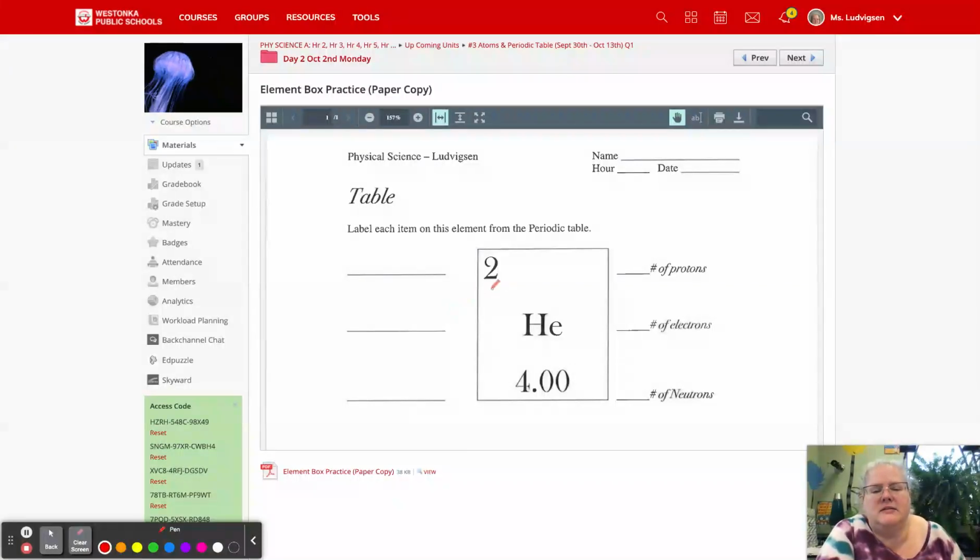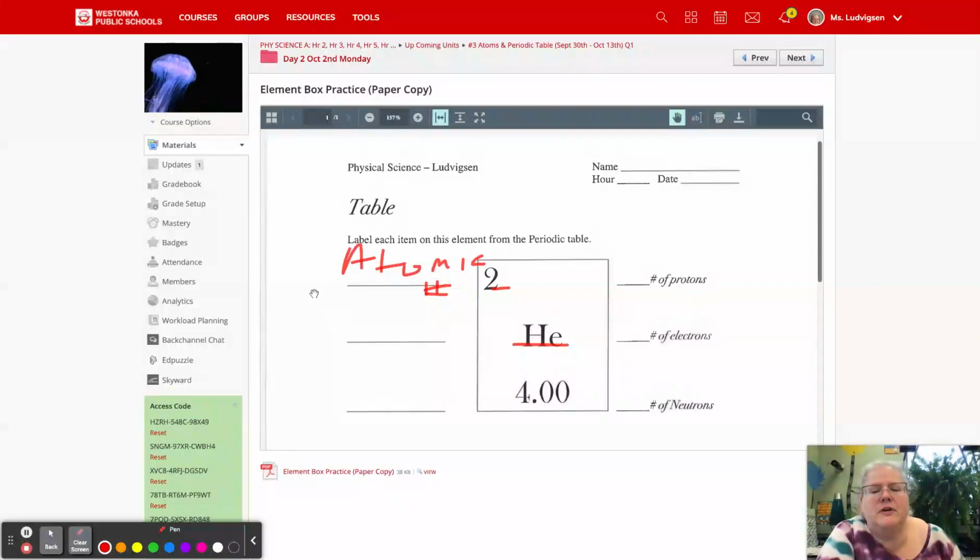So in this case, this 2 right here, that is my atomic. What do you think it is? Atomic mass or atomic number? In this case, it's our atomic number. He is our element symbol for helium.